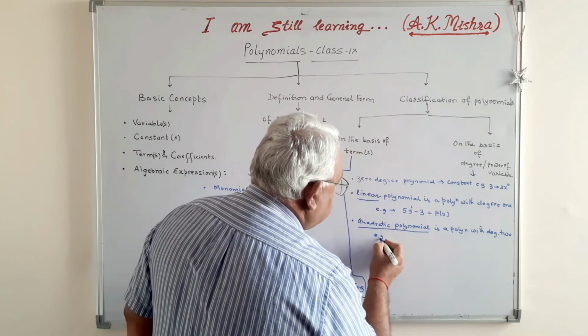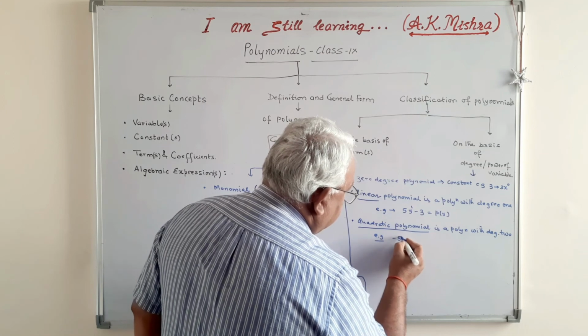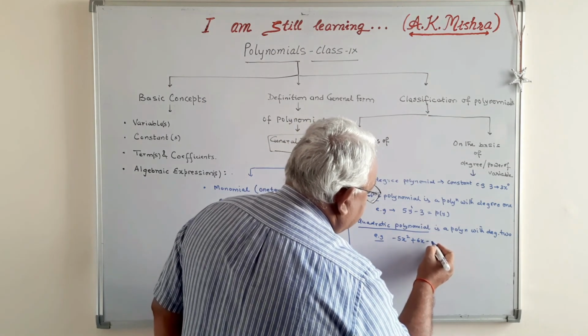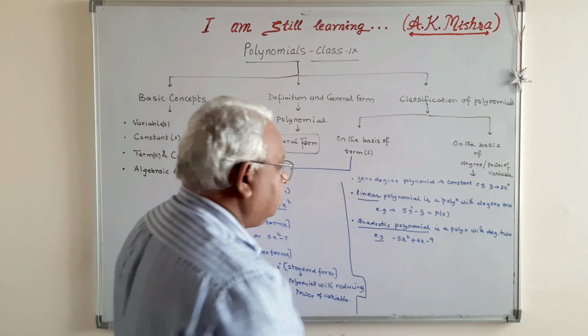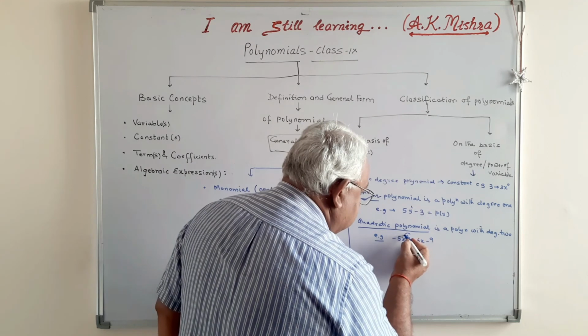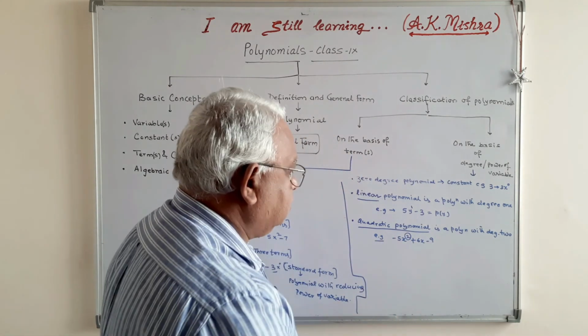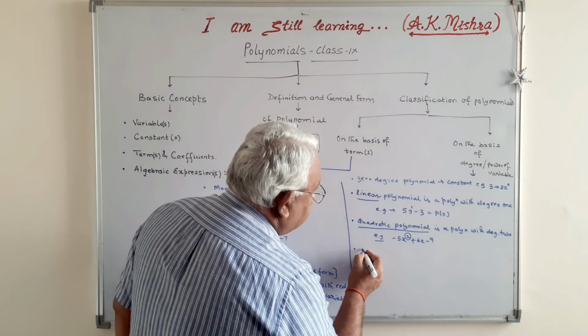For example, minus 5x square plus 6x minus 9. This is an example. The highest power of the variable is 2, so that becomes the degree of the polynomial, right.